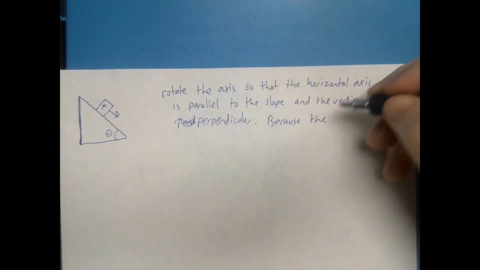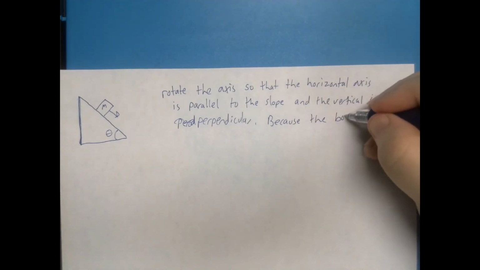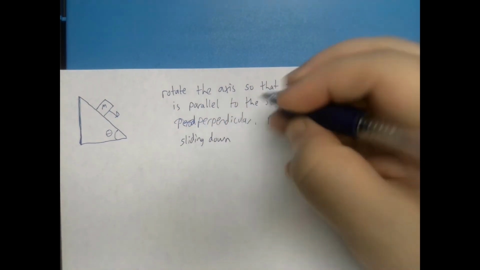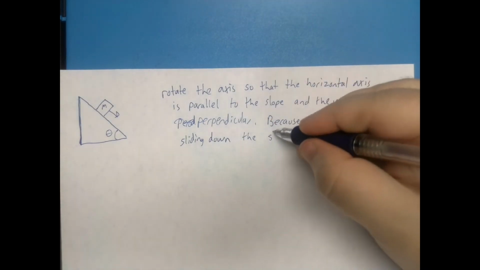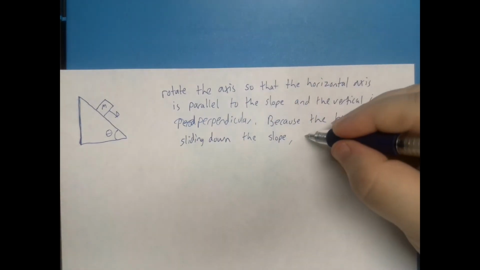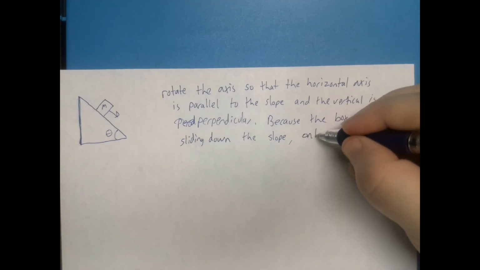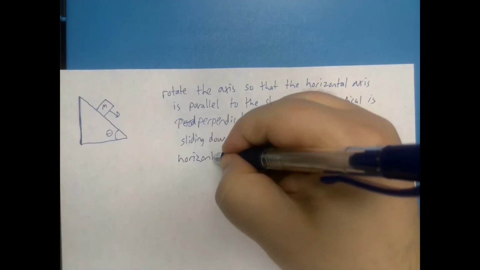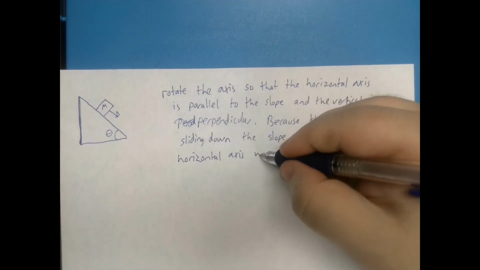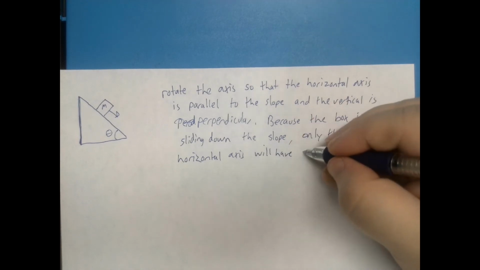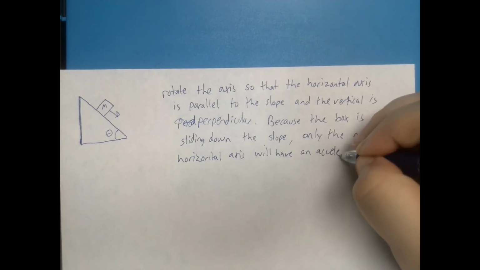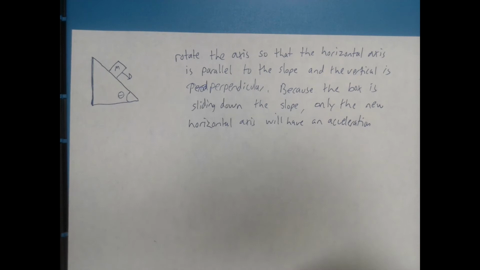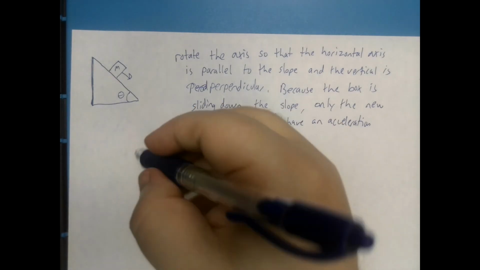Because the box is sliding down the slope, only the new horizontal axis will have an acceleration. So I'm going to rotate this axis.